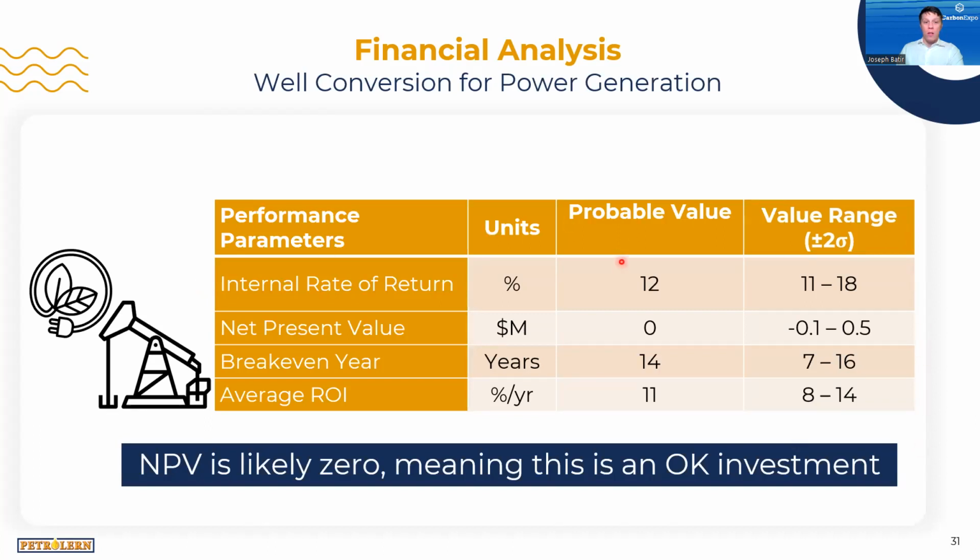Your IRR is somewhere around 12% and potentially as low as 10, maybe as high as 20%. Your net present value is probably around 0. Now, the value ranges from negative up to maybe positive $500,000.